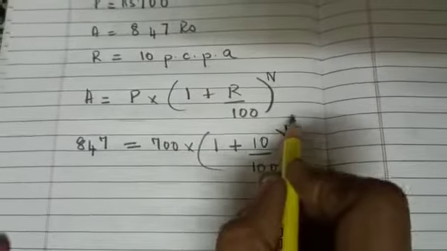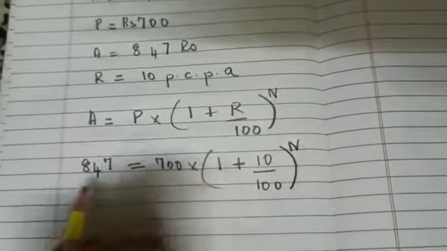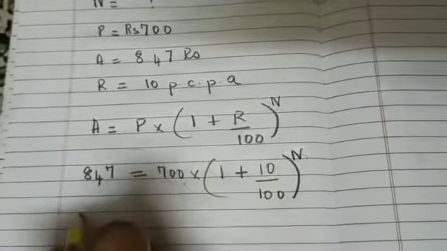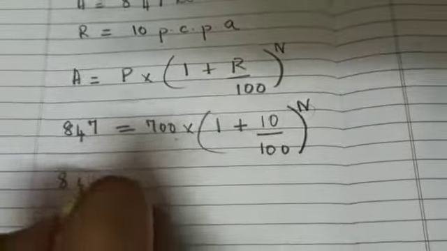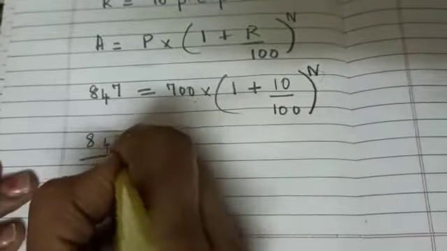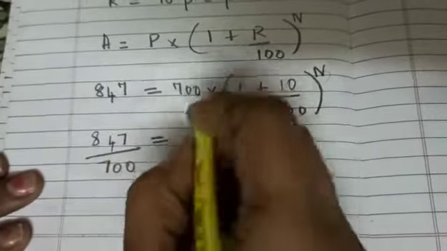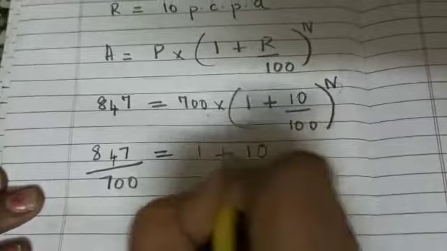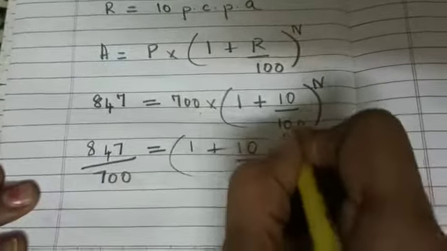Now you know the variable is over here, so we get rid of 700, we take it this side. The operation is multiplication, so you get 847 upon 700 is equal to 1 plus 10 upon 100, the whole raised to the power of n.